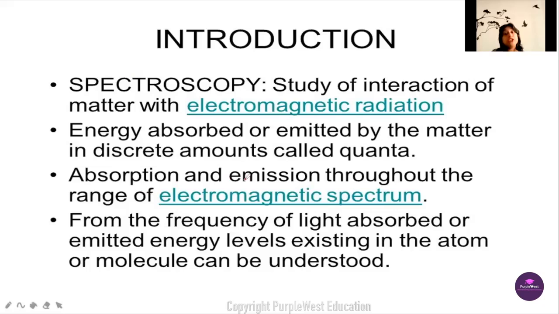This absorption and emission through a range of electromagnetic spectra produces particular bands, and they are known as the spectrum. I'm just giving you a rough idea of this.